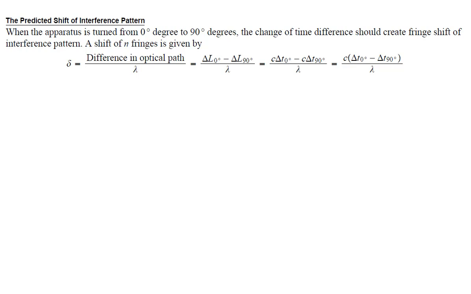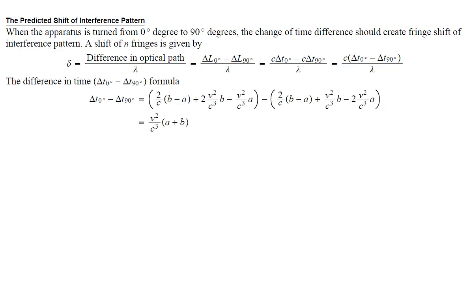The predicted shift of interference pattern. When the apparatus is turned from 0 degrees to 90 degrees, the change of time difference should create a fringe shift of the interference pattern. A shift of n fringes is given by the equation delta equals difference in optical path over lambda.